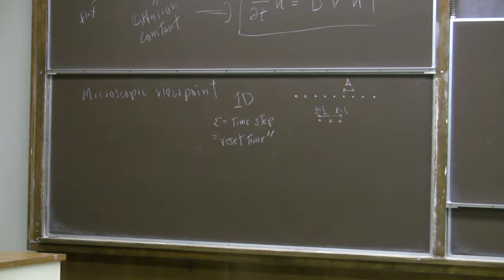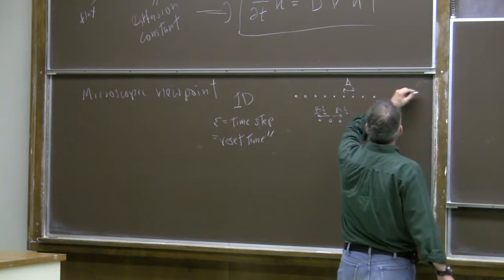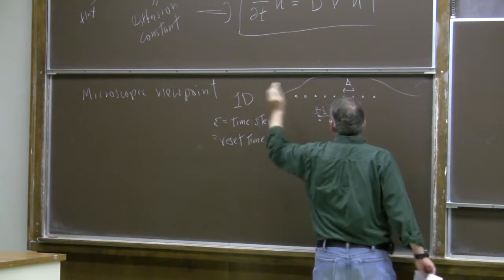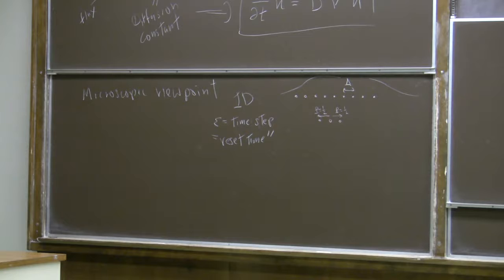And then we saw that if we consider a probability distribution which is broad on the scale of the lattice spacing, which changes slowly as a function of position on the scale of the lattice spacing, then in each time step, the probability distribution will be updated slightly.